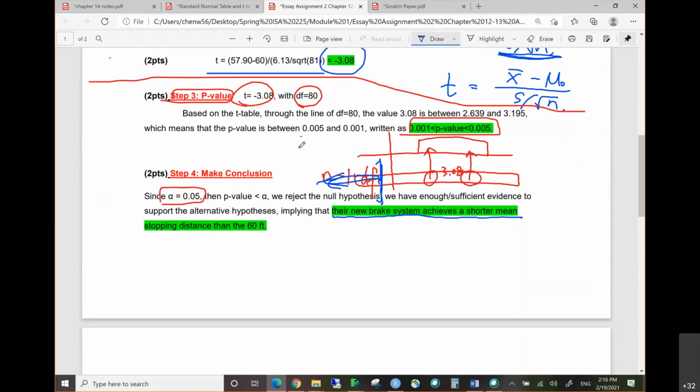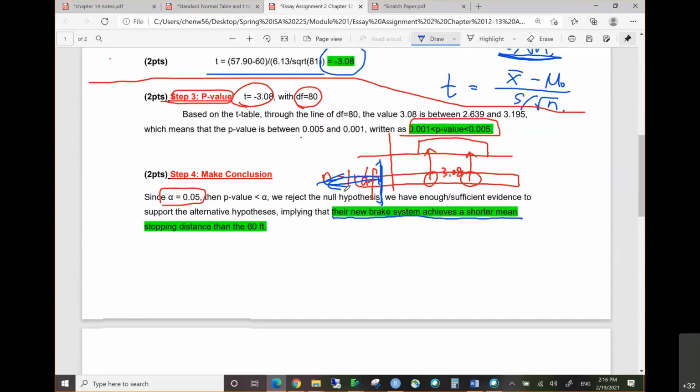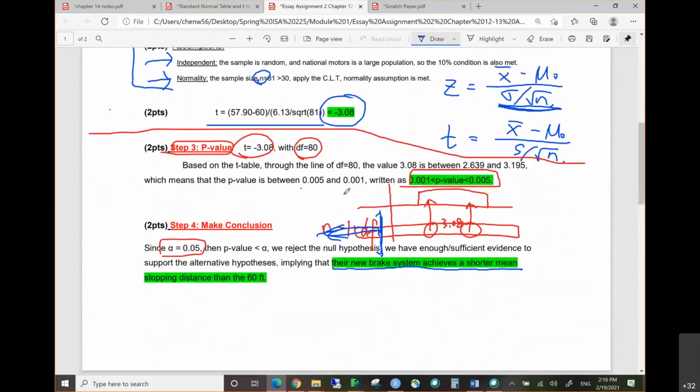Okay, and from this question, I also see that some of you don't know how to find the p-value. Instead of the p-value, you find something else, some of you use t star, some of you use z star. Right, so remember in the hypothesis test, we do not have t star or z star.